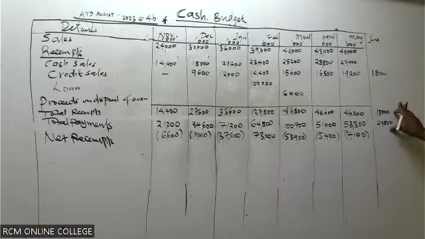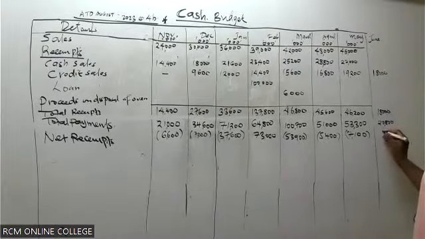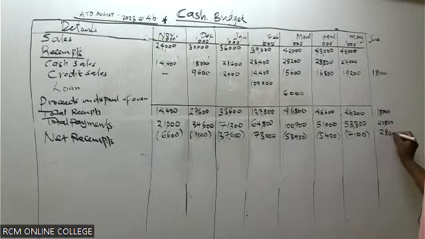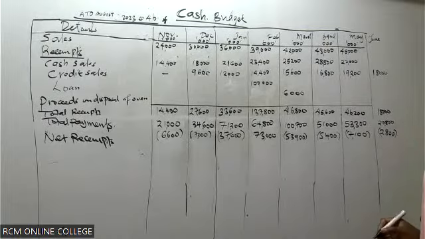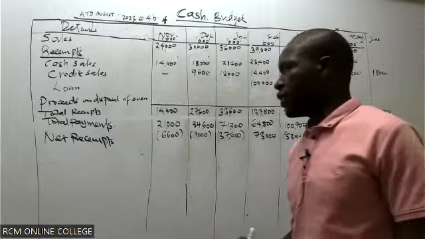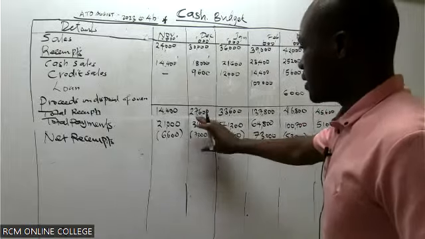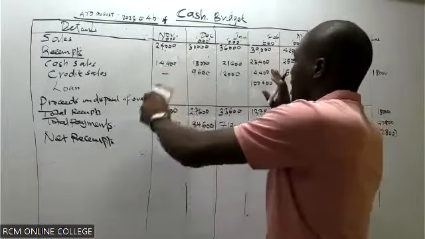Inakuwa 7,100 kweli? 2,800 negative. 2,800 negative, is it? So that's what we have. That is the net receipts as per this particular year.